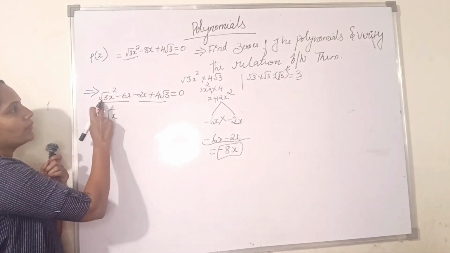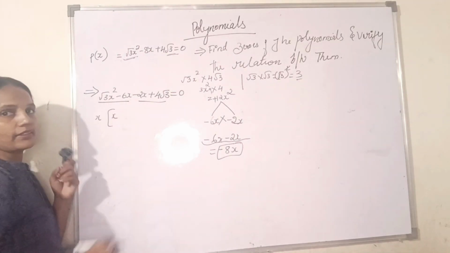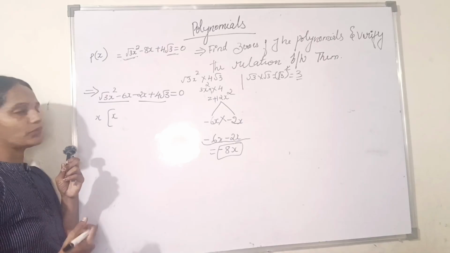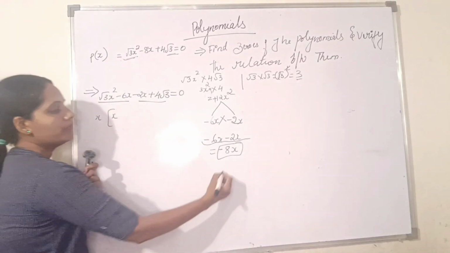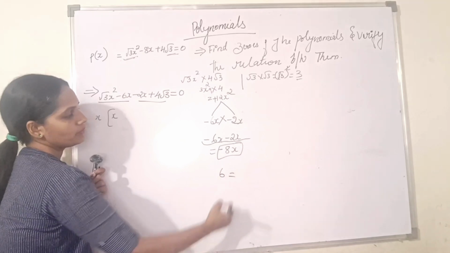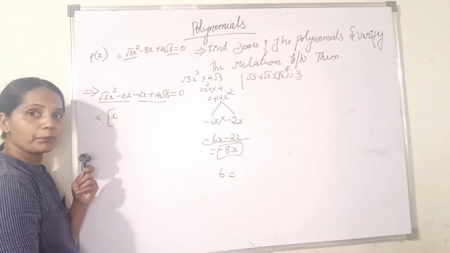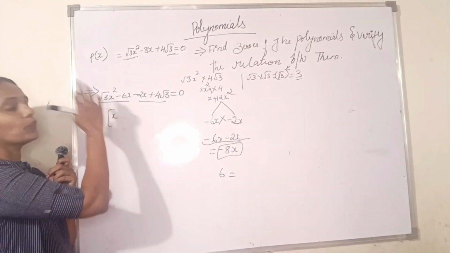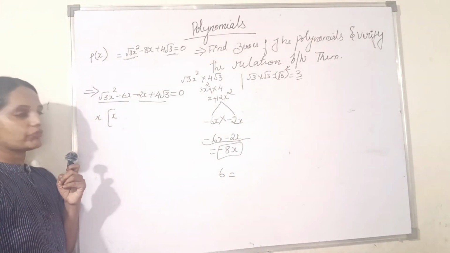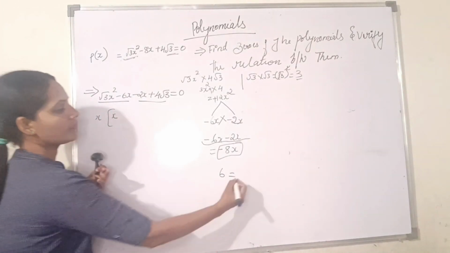Then root 3 is here, and 6 is there. How will you take it common? You cannot take common. So in this scenario, we will convert the 6x in terms of root.